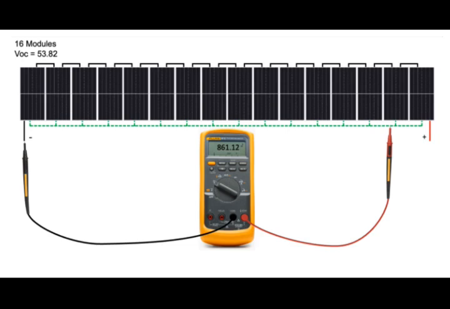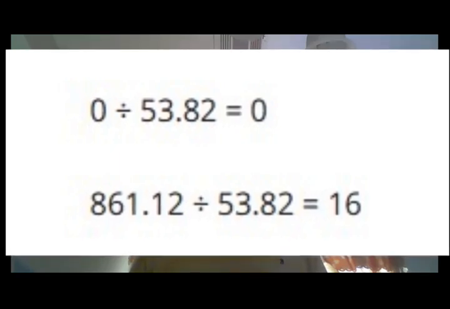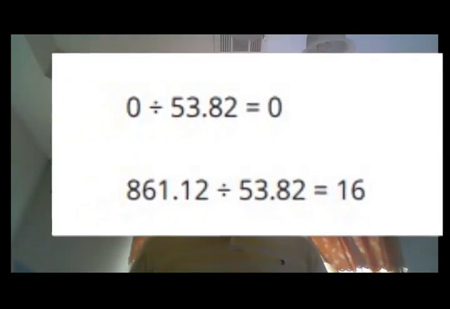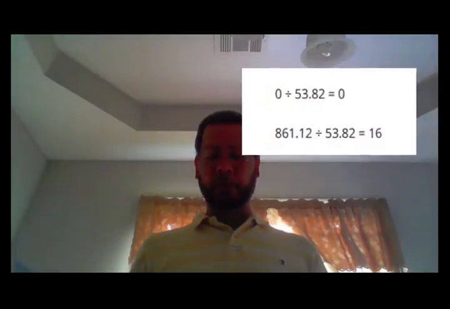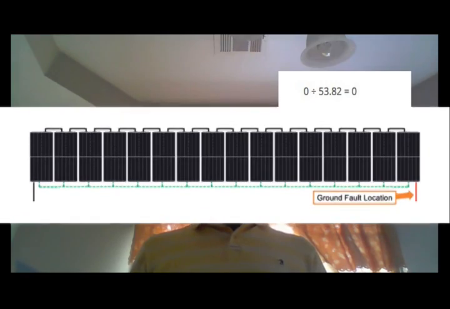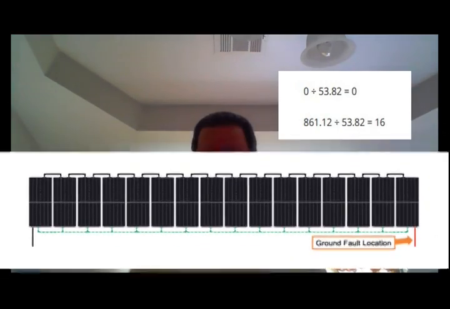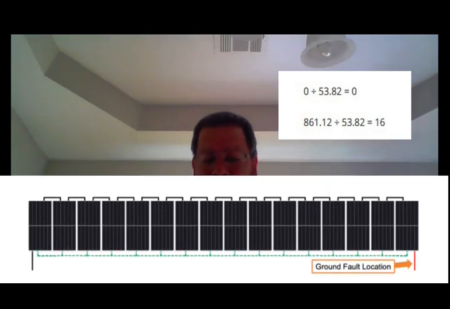If we divide both readings to ground by the individual module VOC, we can identify the ground fault location. 0 divided by 53.82 equals 0, and 861.12 divided by 53.82 equals 16. These measurements indicate that all 16 modules are on one side of the ground fault and 0 modules are on the other, which means the ground fault is in the positive home run conductor.